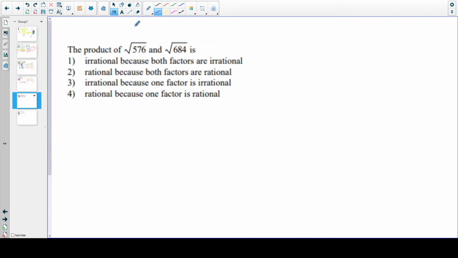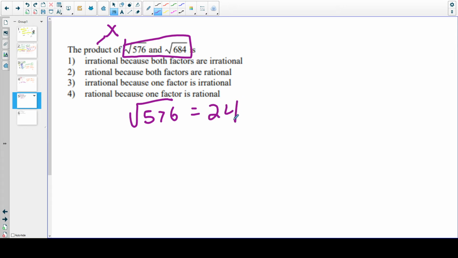The product. Remember, product means multiply. The product of the square root of 576 and 684 is... Well, why don't we figure it out before we even look at the answers? The square root of 576. Now, you might not know this, but if you put this in your calculator, the square root of 576 is 24.